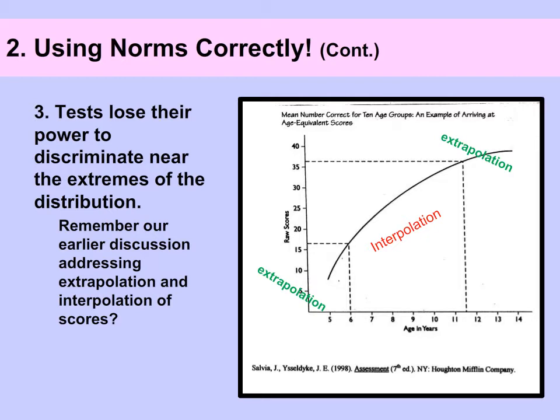On the inside, interpolation, of the 2 groups that were actually tested, we can have more confidence in those projected scores. The extrapolated scores on the 2 extremes, the younger and the older age groups, were not actually tested. Those test scores have less power to discriminate from one age to another.